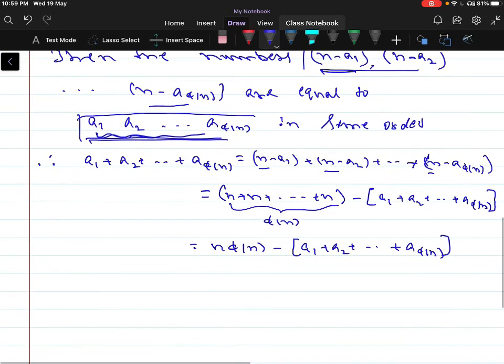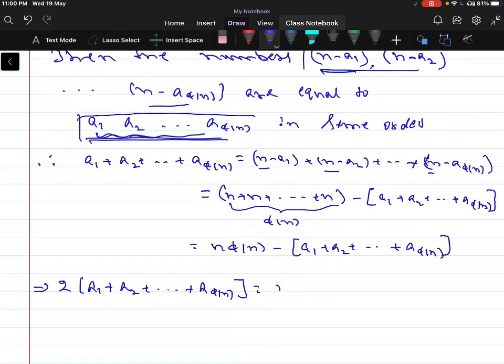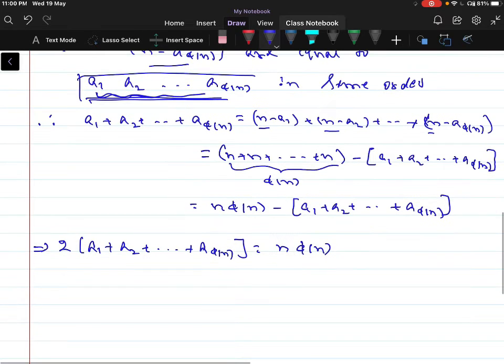So this implies in the LHS we have a1 plus a2 and so on a phi(n), and RHS minus of this, just take it to the left hand side, therefore you can write 2 times of a1 plus a2 and so on a phi(n) is equal to n into phi(n).